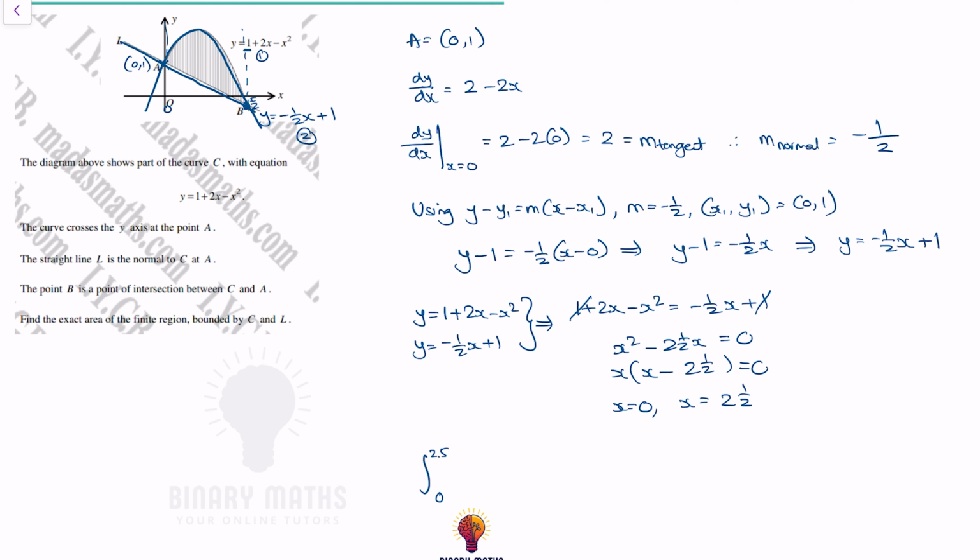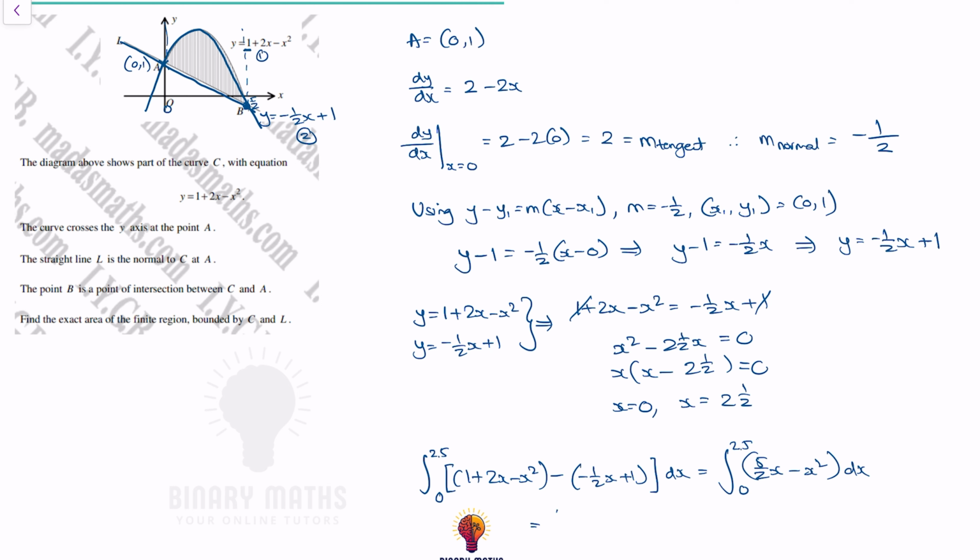The area under the curve, 1 plus 2x minus x squared, take away the area under the line, minus a half x plus 1, dx. Now if we simplify this, from 0 to 2.5, 1 take away 1 disappears. I get 2x plus half x, which is 2.5x, so 5 over 2 x, and then I've got minus x squared.